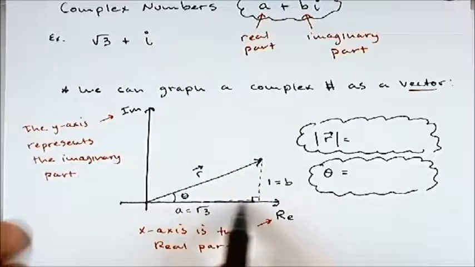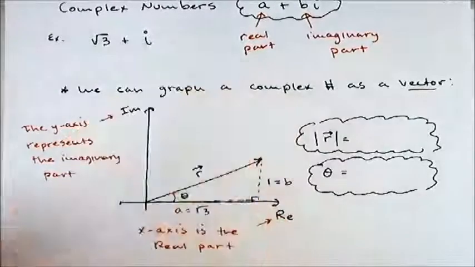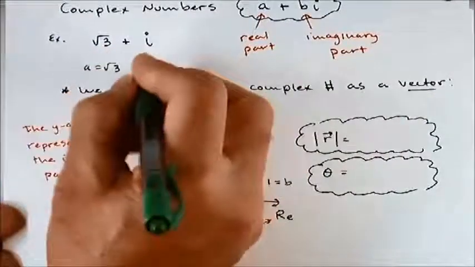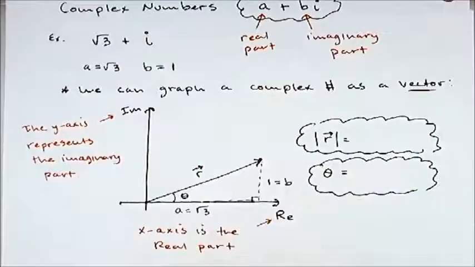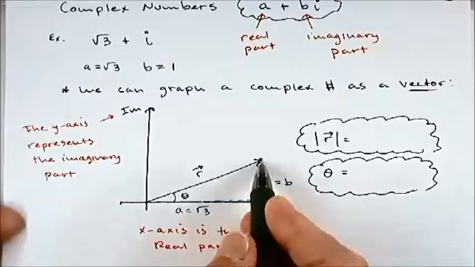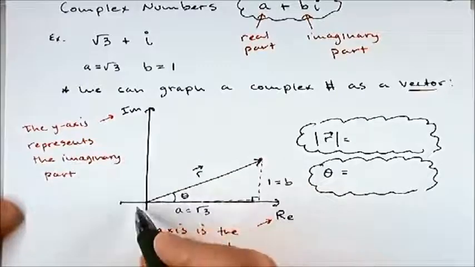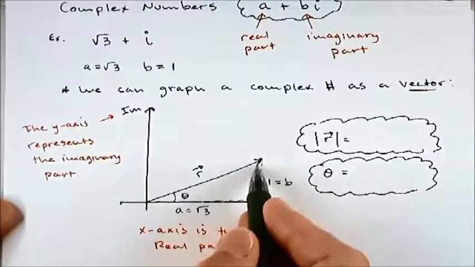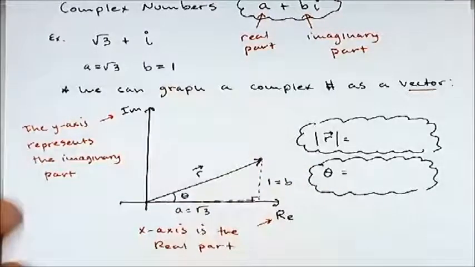I would go over square root of 3 on the real part and then go up 1 unit, because for my example right here, a has a value of root 3, b has a value of 1, right? You can imagine a 1 in front of the i. So I go over root 3, up 1, and that point in the complex plane is how we describe this. You would make a vector from the origin that takes you to that point.